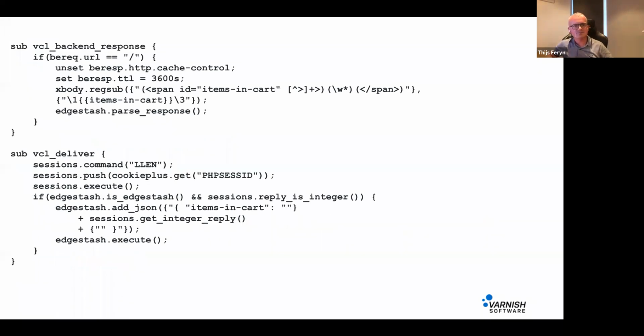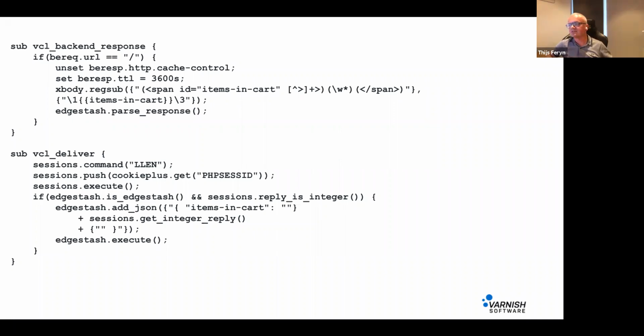Then in the next section, when we receive a response from the cache for the home page, we're doing some advanced stuff. xbody.regsub, which you see on that slide, substitutes responses received from the origin. So all of a sudden, we're not just receiving objects from the backend server, we're changing them.